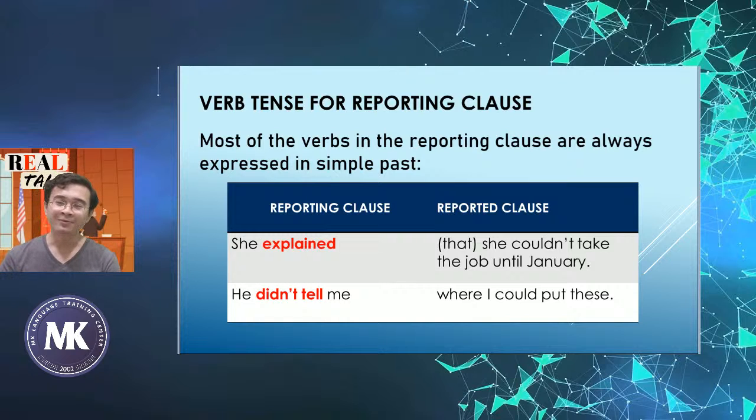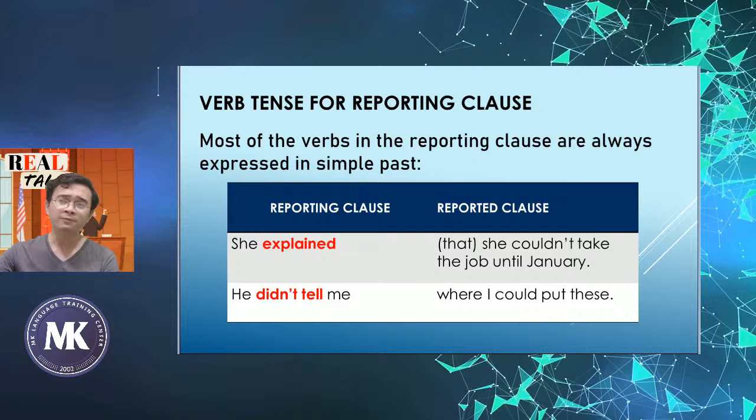For our second sentence: He didn't tell me where I could put this. Here in the reporting clause, we have "didn't tell," which is also expressed in simple past. So as you notice, the verbs in the reporting clause follow just one verb form, and that is simple past. Keep it in mind.